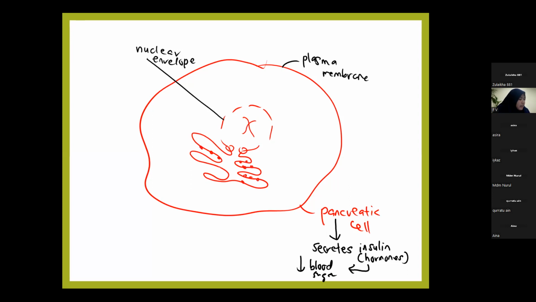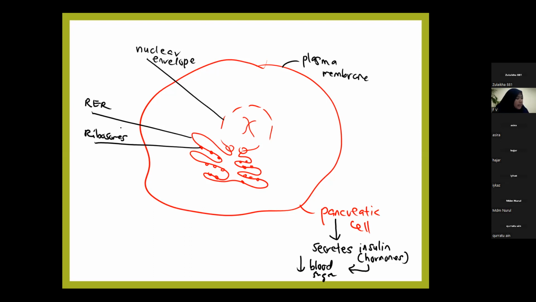Kenapa nama dia rough ER? Anyone can answer? Ada ribosome. Very good. So this is rough ER, because you can see there is ribosome attached to the rough ER. So the nuclear envelope is continuous kepada rough ER.